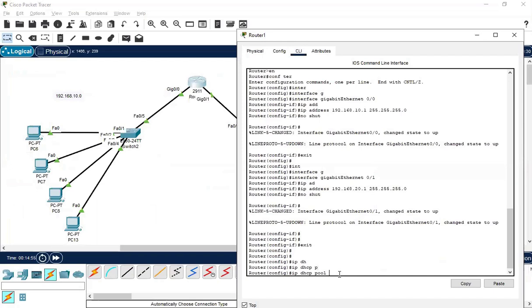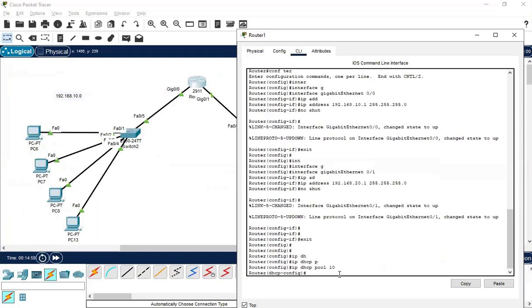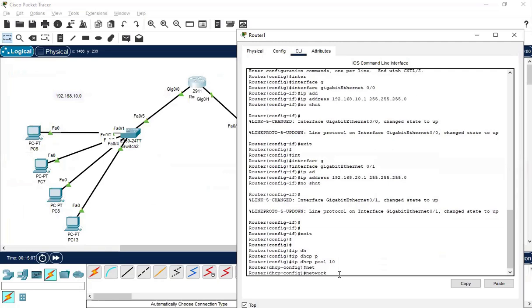You can give any name. I will go with pool number 10. Then you have to assign the network address. What is the network address? network 192.168.10.0 255.255.255.0.